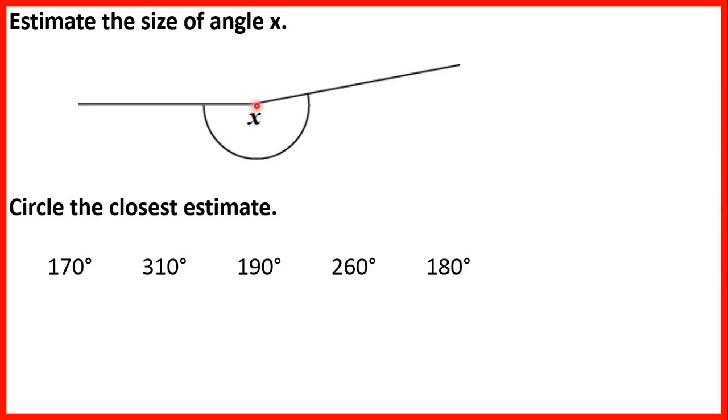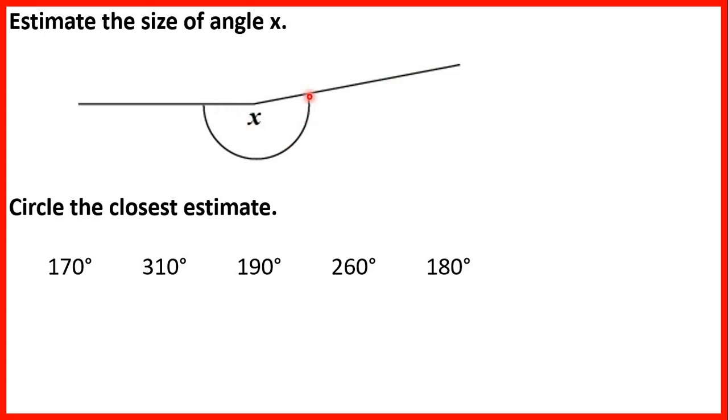But one other fact that we need to know, and that will be most useful for this question, is to remember that angles on a straight line add up to 180 degrees. So if this line here was a straight line, angle X would be 180. But we can see that angle X is just a little bit more than a straight line.